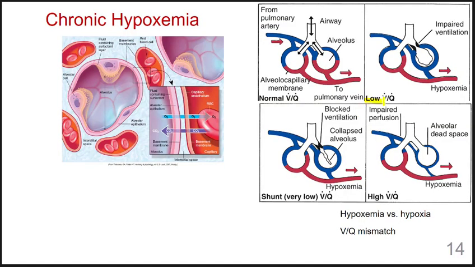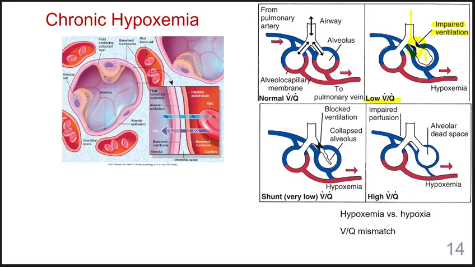Let's have a look at low VQ. So a low VQ, there are many instances where this can occur, but in the context of today's lecture, we could say that there is impaired ventilation because of somebody with chronic bronchitis that has a mucus plug that has formed, that has reduced the amount of oxygen that can actually travel and reach the alveoli.